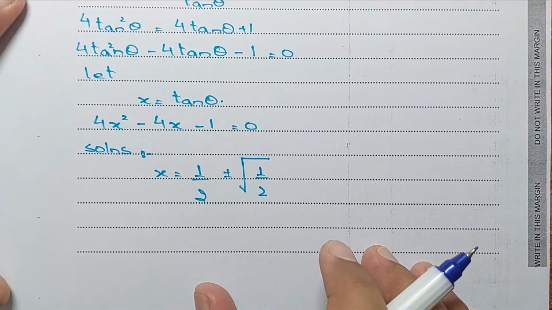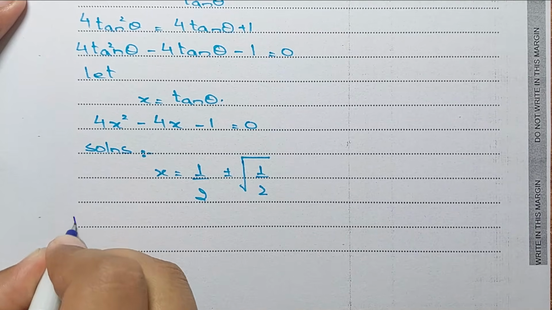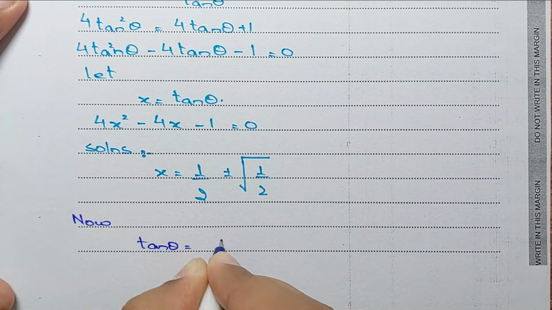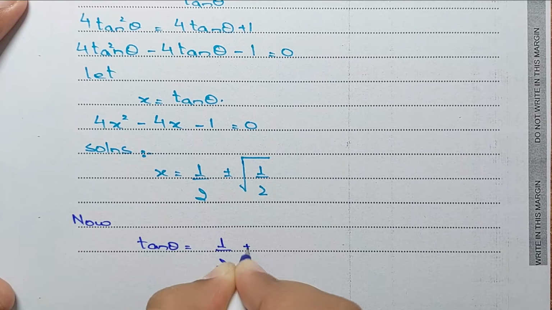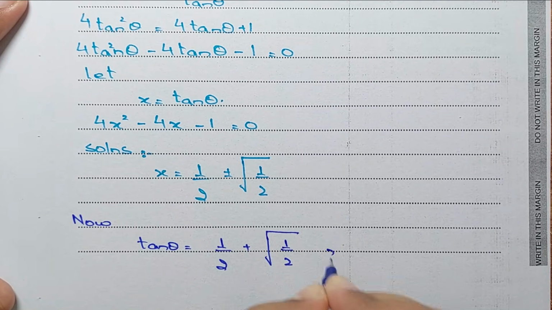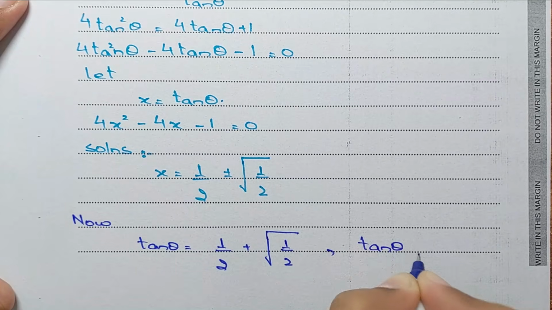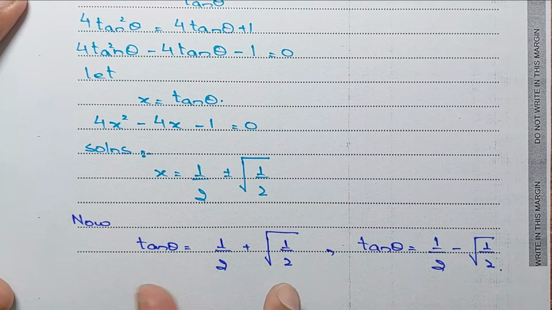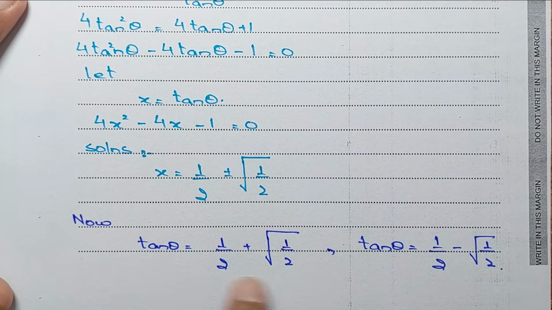Now put the value of x back. x is basically tan theta. Now we can say tan theta is 1/2 plus root 1/2, or tan theta is 1/2 minus root 1/2. So these are the two solutions. In these two equations, we can first simplify this form.